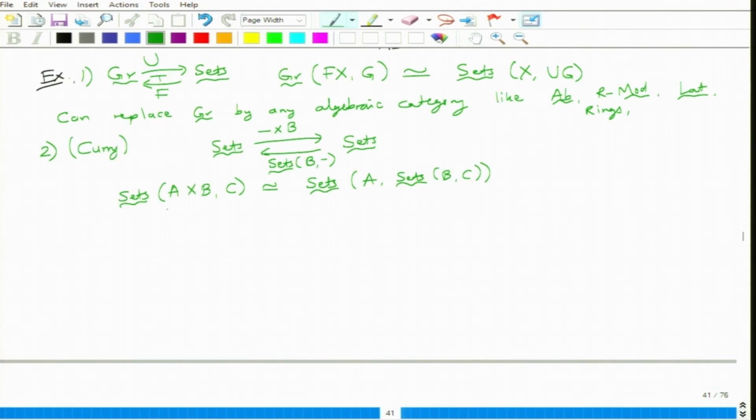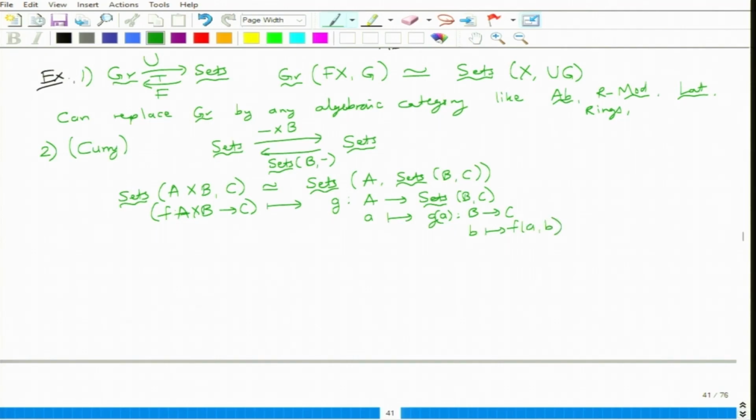If you want me to write down what is happening, if you are given f from A cross B to C, then this function will be mapped to a function g, which is from A to the set of functions from B to C, where little a maps to g_a from B to C, which takes little b to f of a comma b, and then this is a bijection.